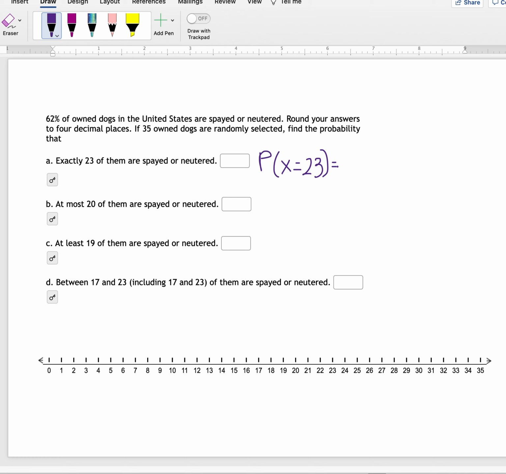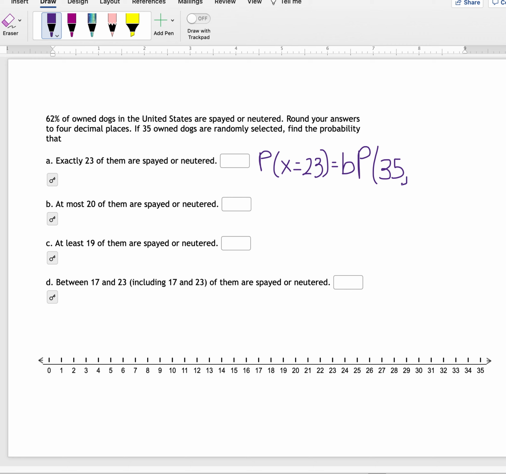So we're going to have to use Binomial PDF since we're trying to find the probability of one value for x. I am going to abbreviate BP for Binomial PDF so I don't have to write all that out. So we're going to do Binomial PDF. We're going to put in our number of trials, which is 35.